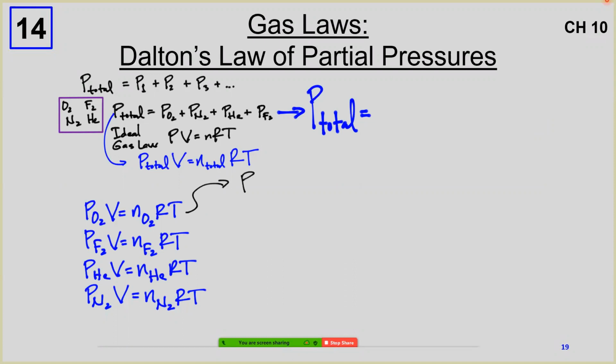So PO2, pressure of the oxygen gas, is equivalent to the number of moles of oxygen gas times RT divided by V. Okay, same thing over here.